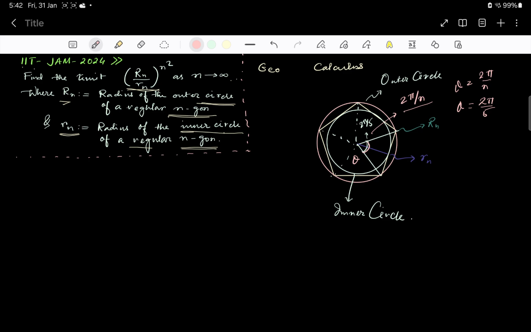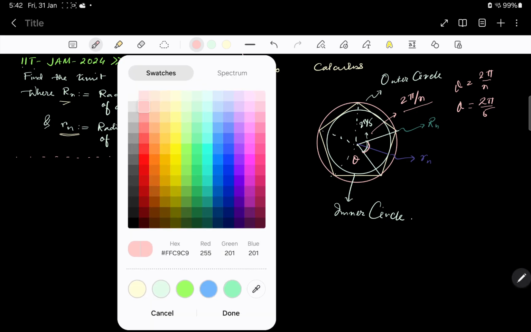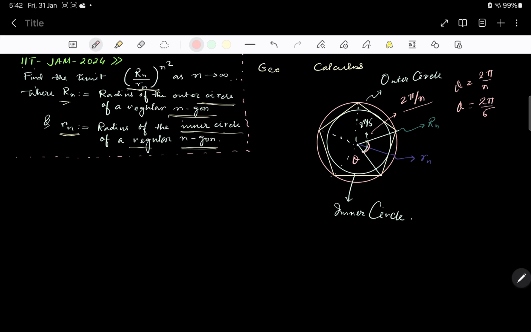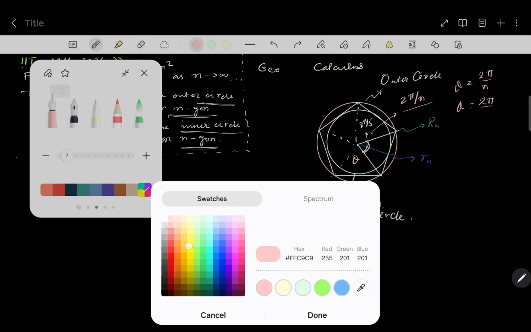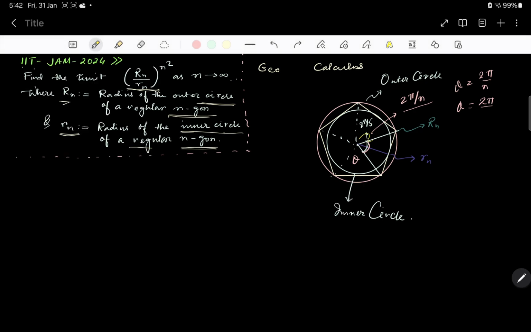For any regular n-gon, you will always get this triangle, the triangle whose two sides are capital Rn and which has a perpendicular of small rn.